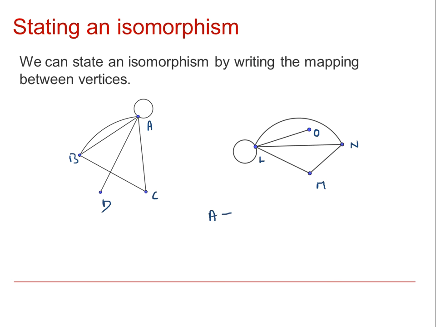So A corresponds to L, B and N are the corresponding order 3 nodes, C and M are the order 2, and then order 1, D and O. So this is the mapping of the vertices in the first graph to those in the second graph, showing the isomorphism.